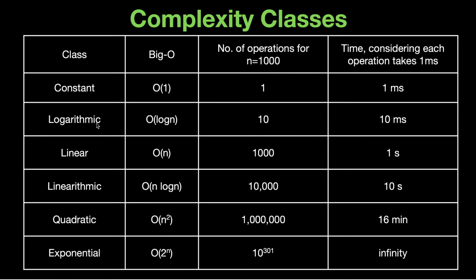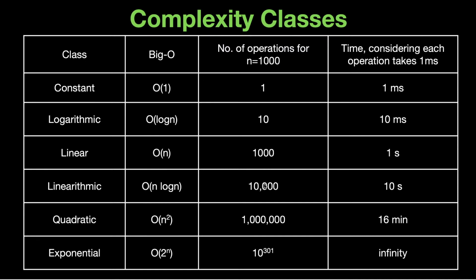And then gradually, if we go downwards, our algorithmic complexity gets increased, right? So linear time, linearithmic time, quadratic time, exponential time. We can see that as we go down the complexity classes, our number of operations increases very rapidly, right? So for linear with n equals 1000, 1000 operations need to get executed.